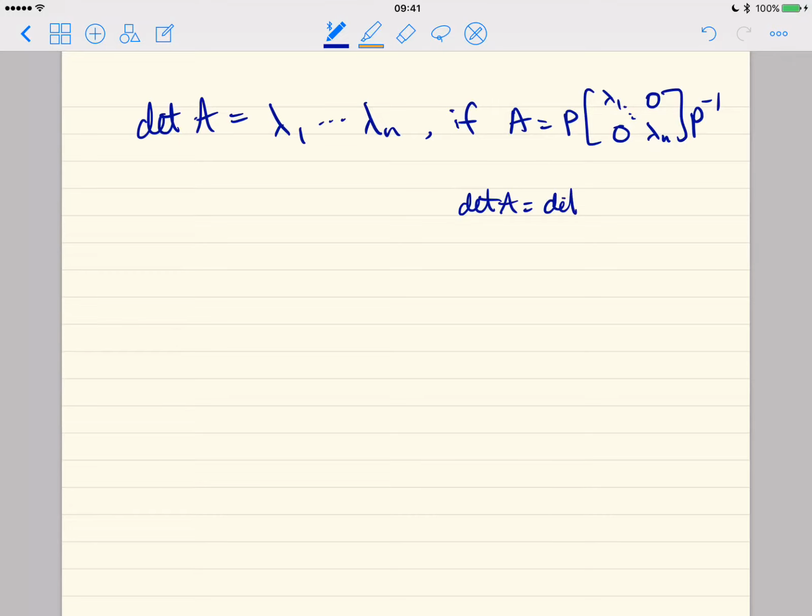Determinant of A equals determinant of P, determinant of that diagonal matrix, and the determinant of P inverse. And then determinant of P times determinant of P inverse is 1. And then the determinant of that diagonal thing is just lambda 1 times lambda n times all the stuff in between. That's the easy one.